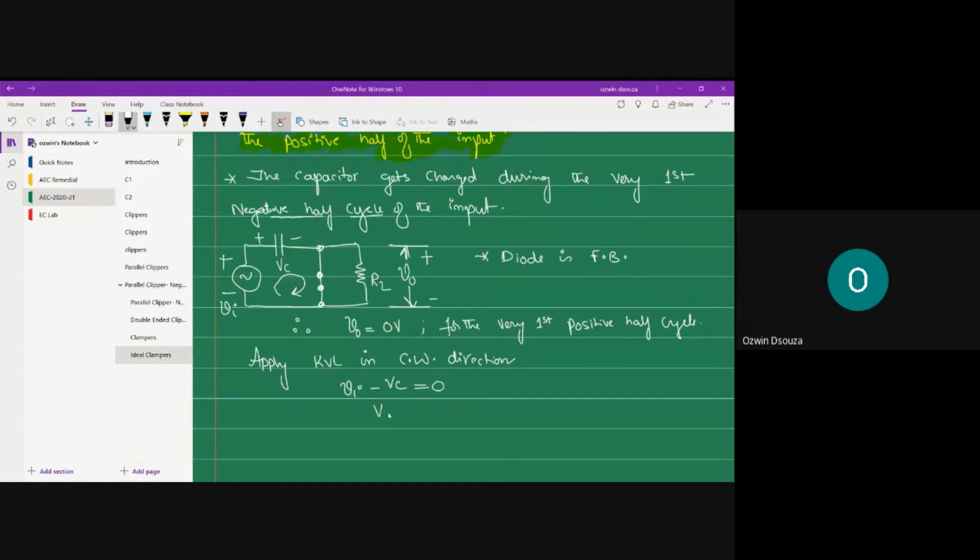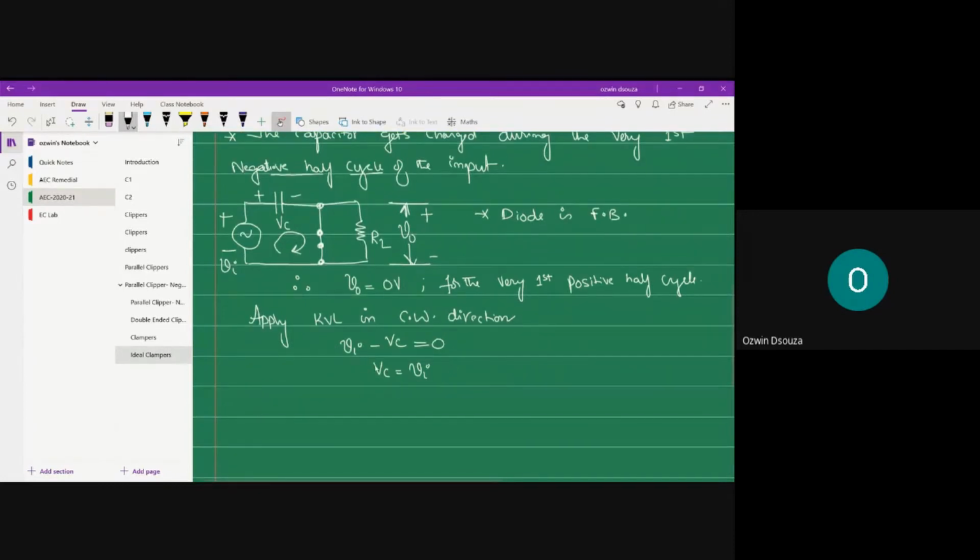Or VC is equal to VI. So therefore, when the input attains the maximum value, the capacitor gets charged to a maximum voltage of Vm.